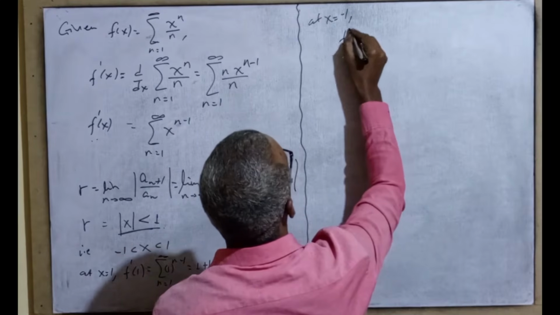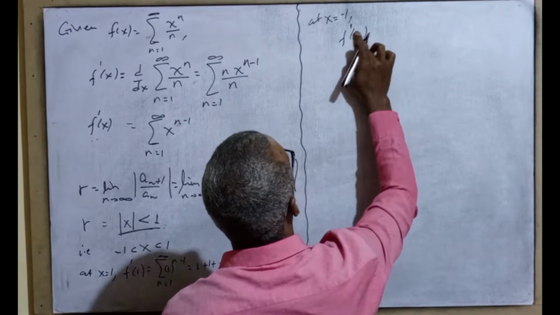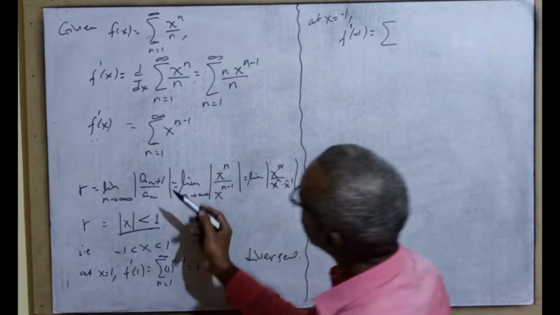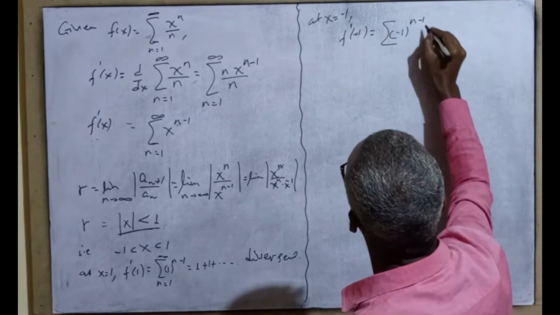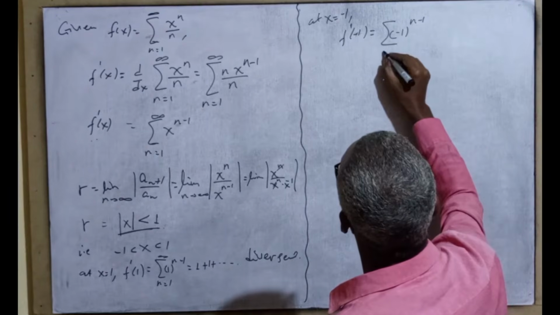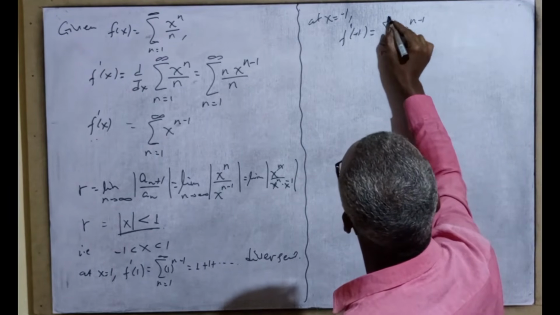-1, f derivative of x at -1 is equal to the sum, where we put -1 in the place of x, of -1 raised to n minus 1, n from 1 up to positive infinity.